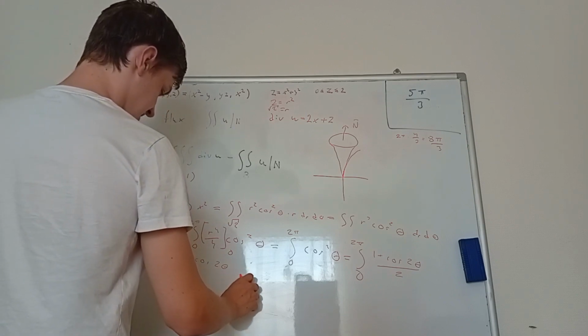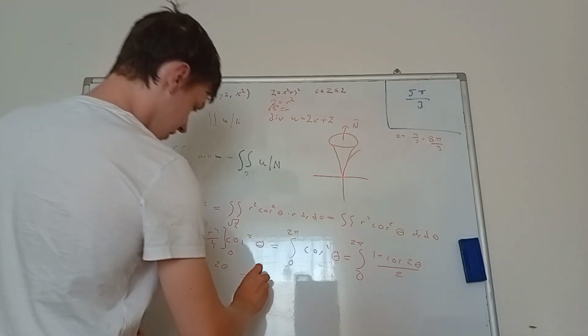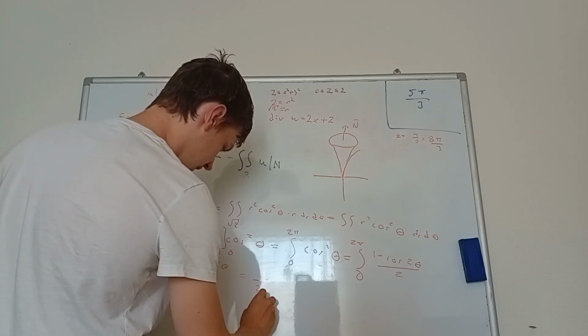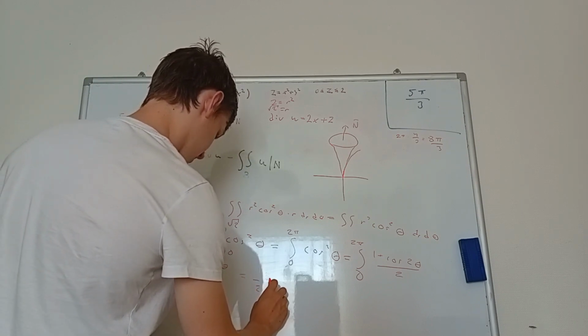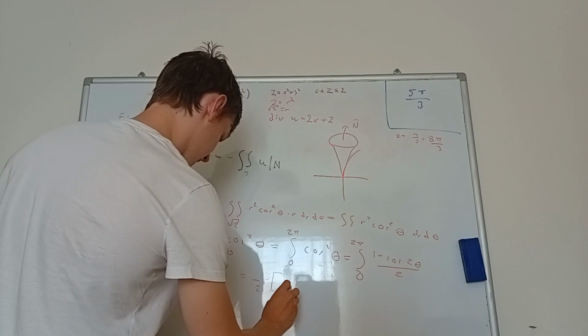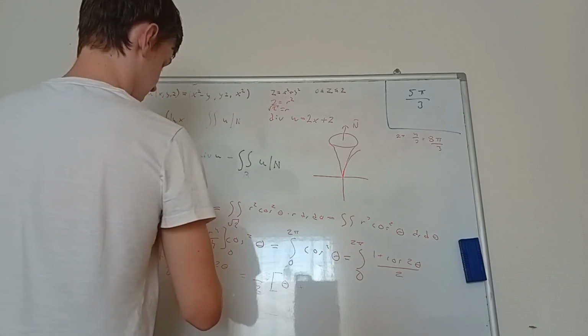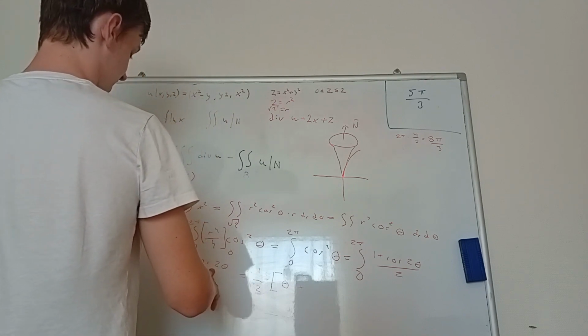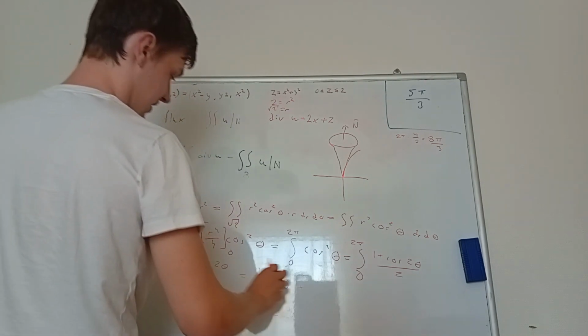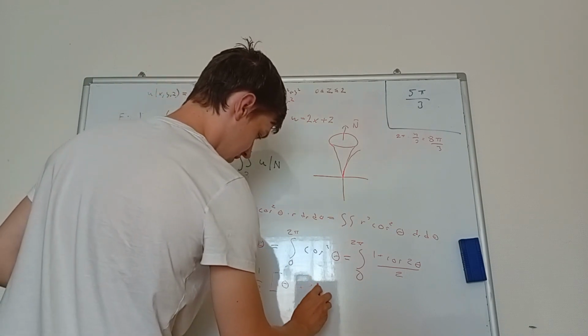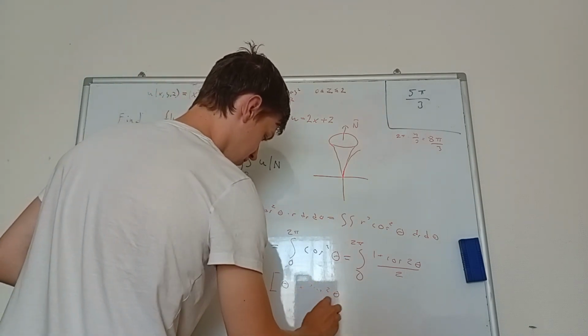So let's do the integral. We have 1/2, and we have theta plus the integral of cosine 2 theta, which is sine 2 theta over 2.